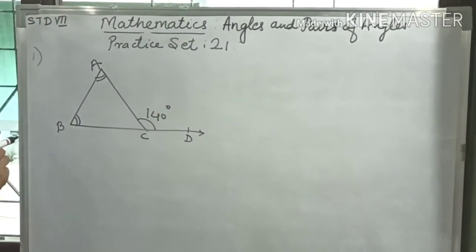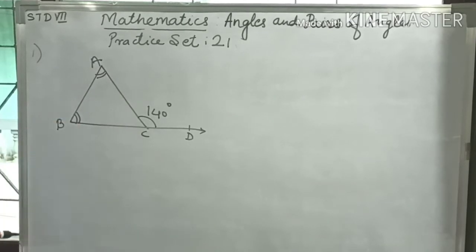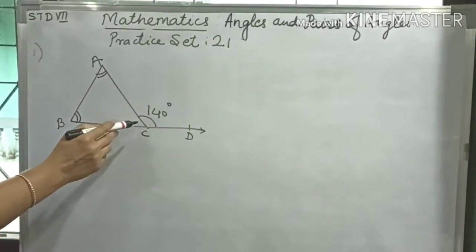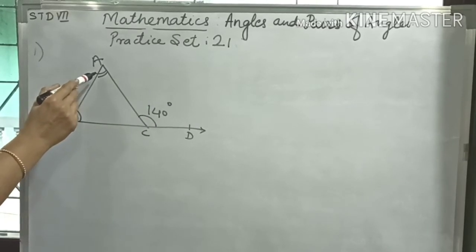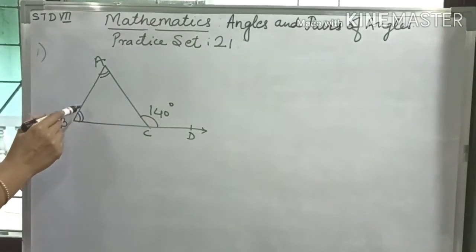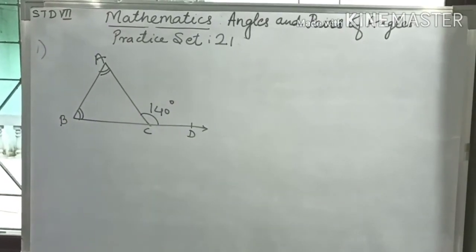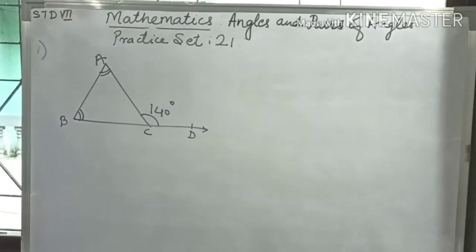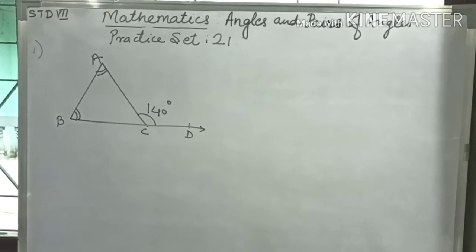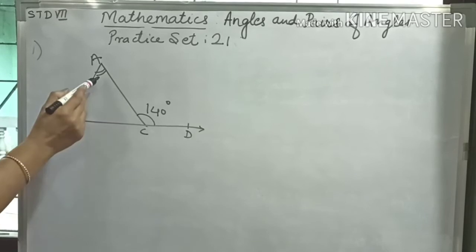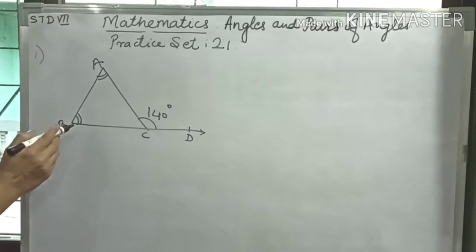Now we will solve the first sum from practice set 21. In the figure, angle ACD is given as 140 degrees and they are asking you to find out measure angle A and B. Both measure angle A and B are equal. With the property of exterior angle of the triangle, we have to solve this sum. The exterior angle is equal to the sum of the remote interior angles.